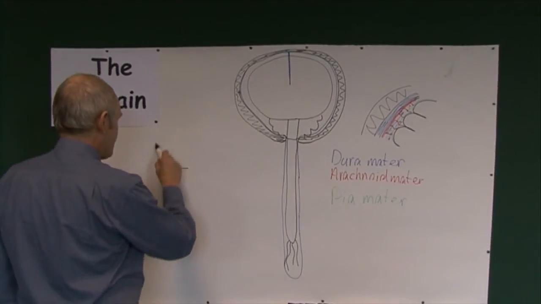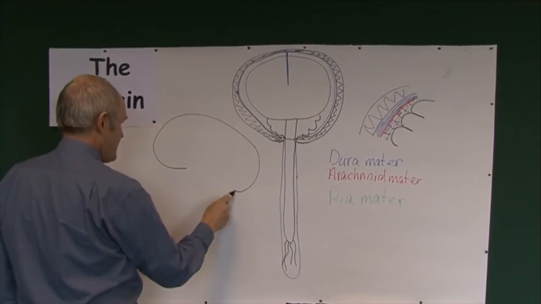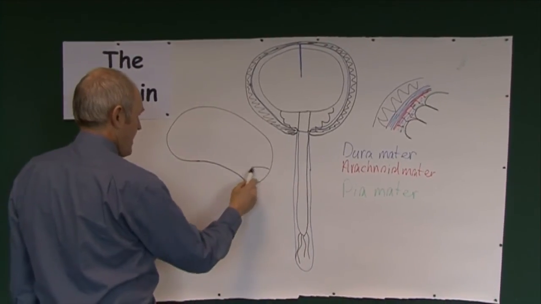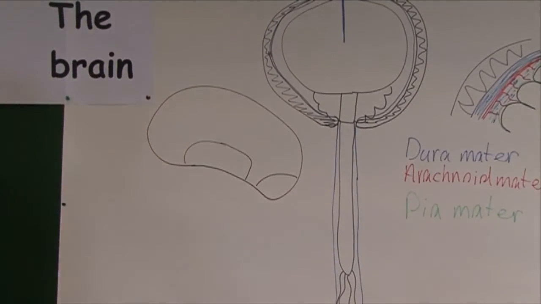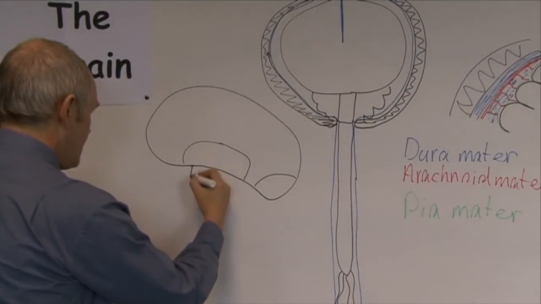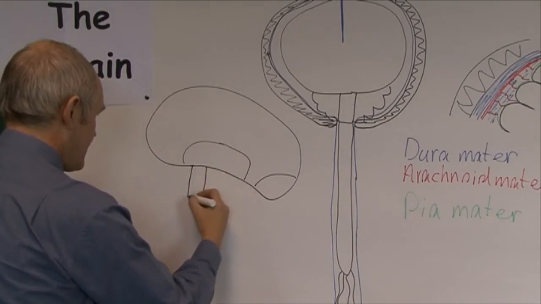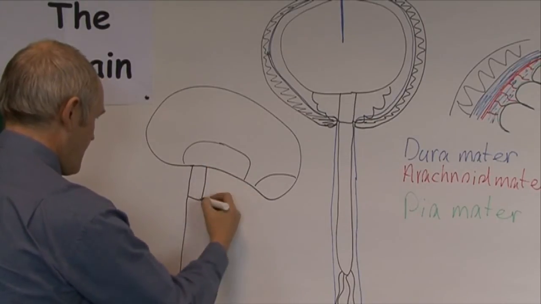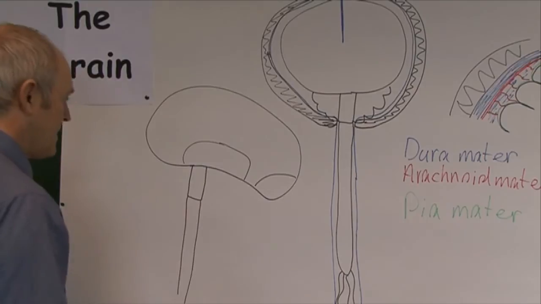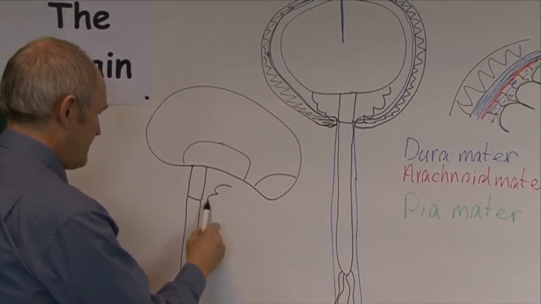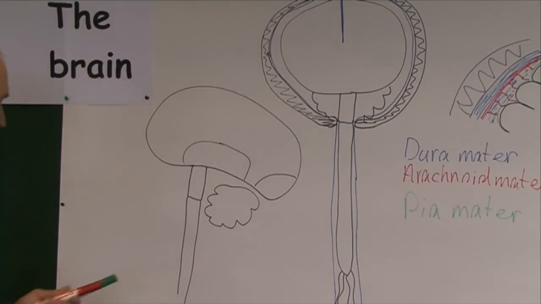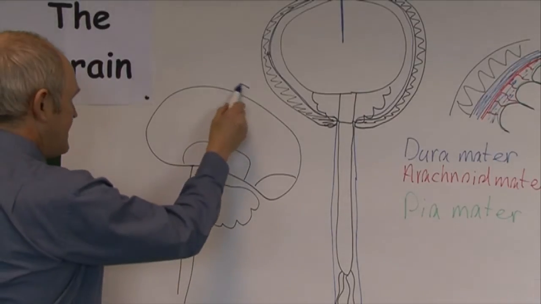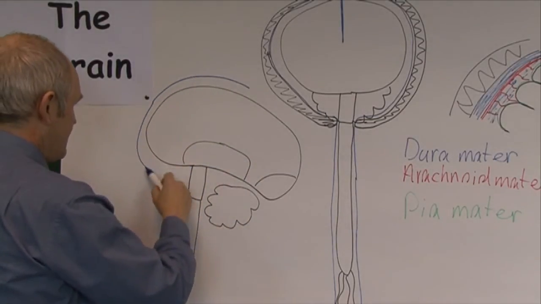imagine this is the cerebrum with the occipital lobe at the back and the temporal lobe here. And the brainstem at the front leading down onto the spinal cord. And the cerebellum is just here, in this space here. And as we've noticed, the Dura Mater goes around the brain and around the spinal cord.